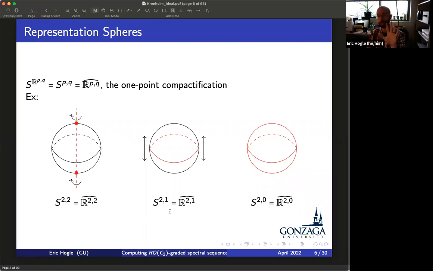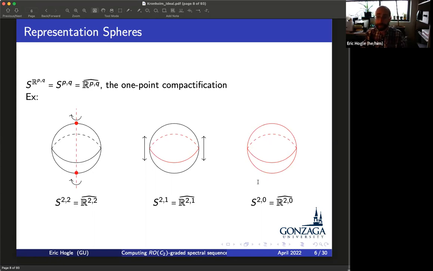S^{2,1}, we have just a reflection that we've compactified, and so we get a sphere that's reflecting across an equator. And of course, there's R^{2,0}, where neither of the representations is sign representation. So this is a trivial representation, and we have a sphere that has no action. So I'm using red here to denote fixed points, things that aren't moving when we act by the group.